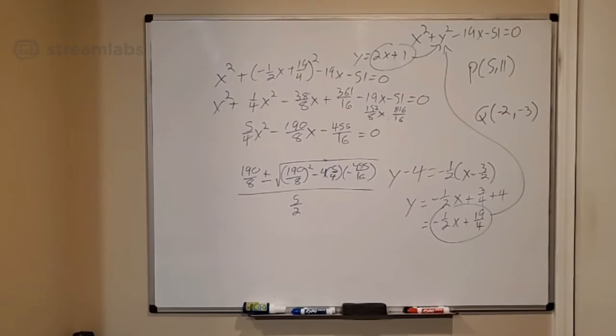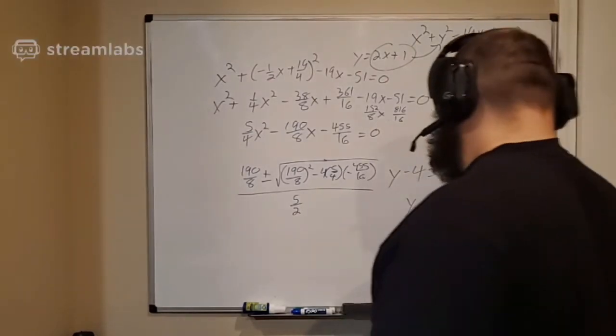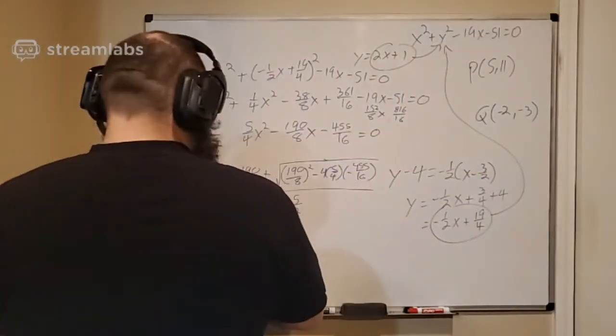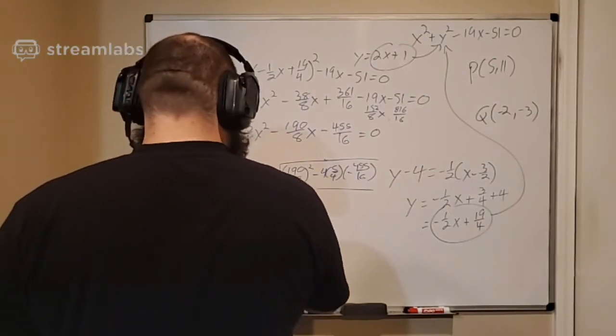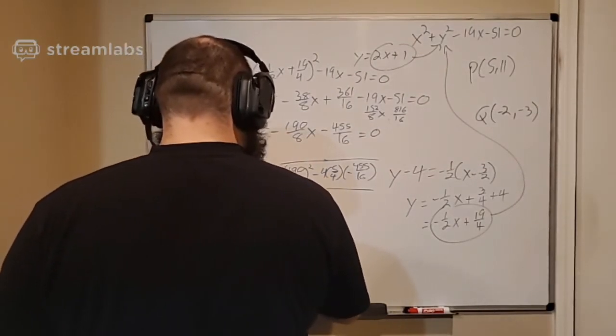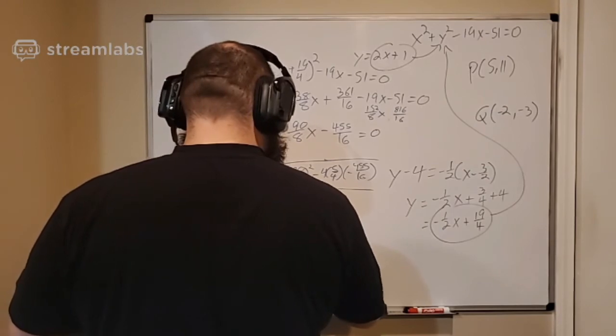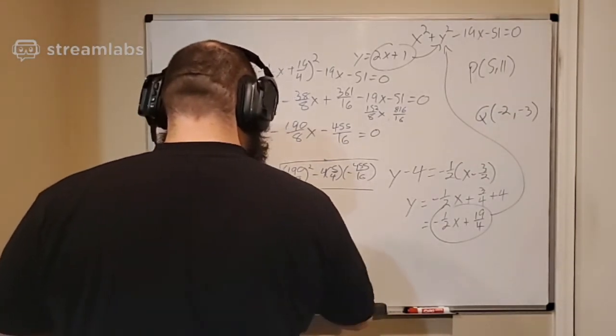Thank you. So I get that the inside is 2825 over 4, over 5/2.